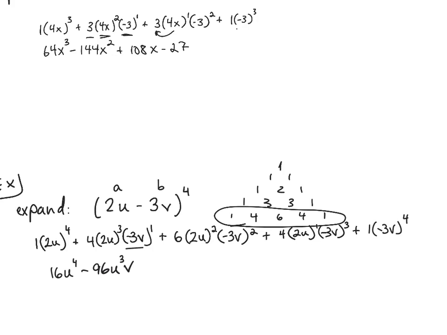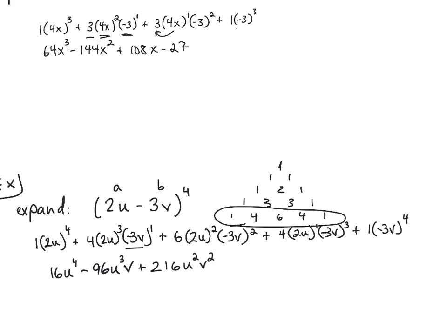Okay, now the next term here, we've got negative 3, but it's raised to the second power, so that's 9. Here we've got a 2 squared, that's 4. 4 times this 6 here is 24, and then we have 24 times 9, which is positive 216. We're going to have u squared times v squared.